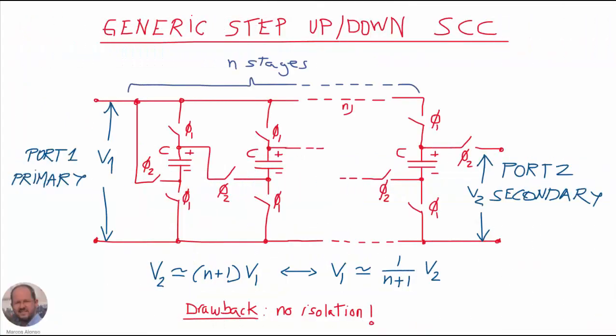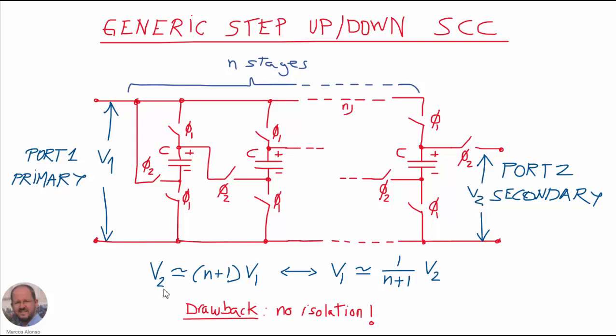So coming back to our topology, we can understand then our converter, the step up down switch capacitor converter, as having a first port here on this side that we can consider the primary of our transformer, and then another port here on the right side that we can consider as the secondary of our transformer.